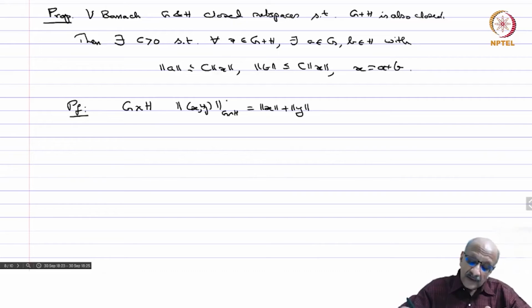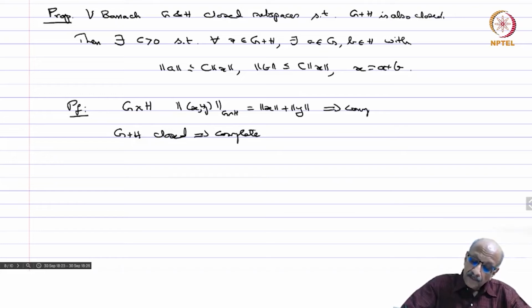So now G plus H is also closed, so it is also a Banach space. So G plus H closed implies complete. So this is also complete since G and H are closed.